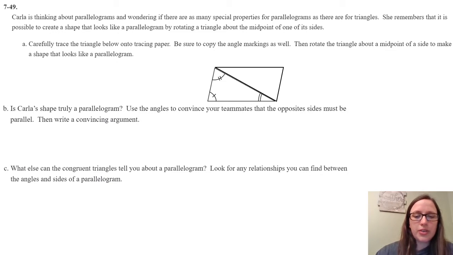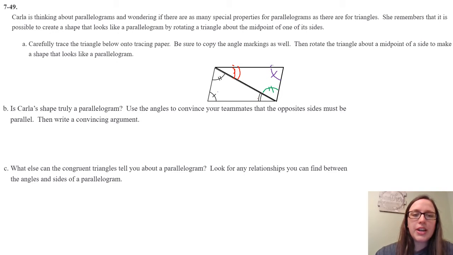When we rotate that around, we know that this angle and this angle right here are going to match up, correspond. That angle and this angle over here are going to correspond. And this angle over here and this angle over here will correspond after we rotate.